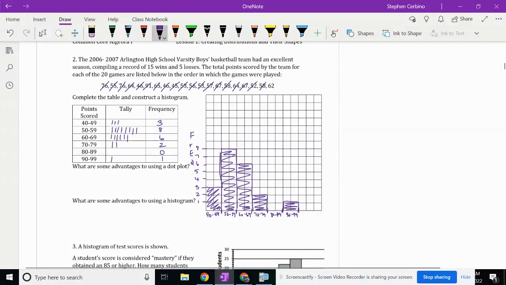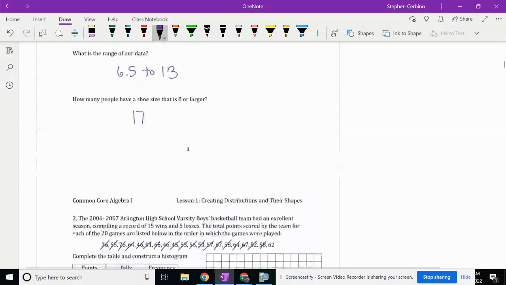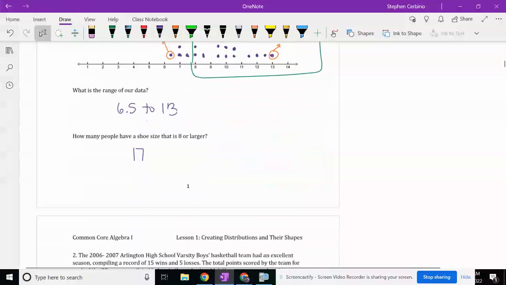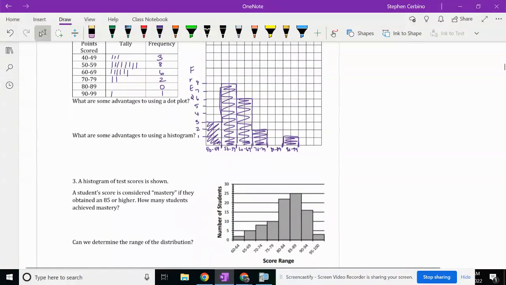So some advantages to using a dot plot. If you look at the last example, there weren't many of you that had the same exact shoe size. So we were kind of random when it came to shoe size, right? So some advantages to using a dot plot is when not many values are repeated.